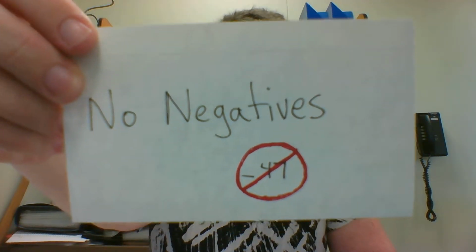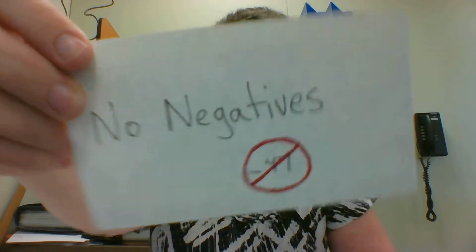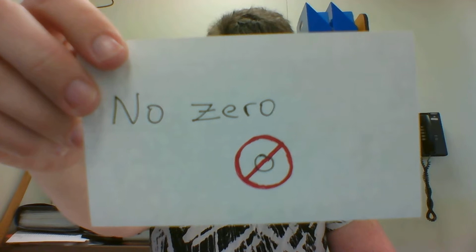There are no negative numbers, and there is no number 0. So if you don't have it in your notes of what to exclude from that set, you might want to pause here or rewind it and go over it again and make sure that you have it in your notes of what is not included in the natural number set.